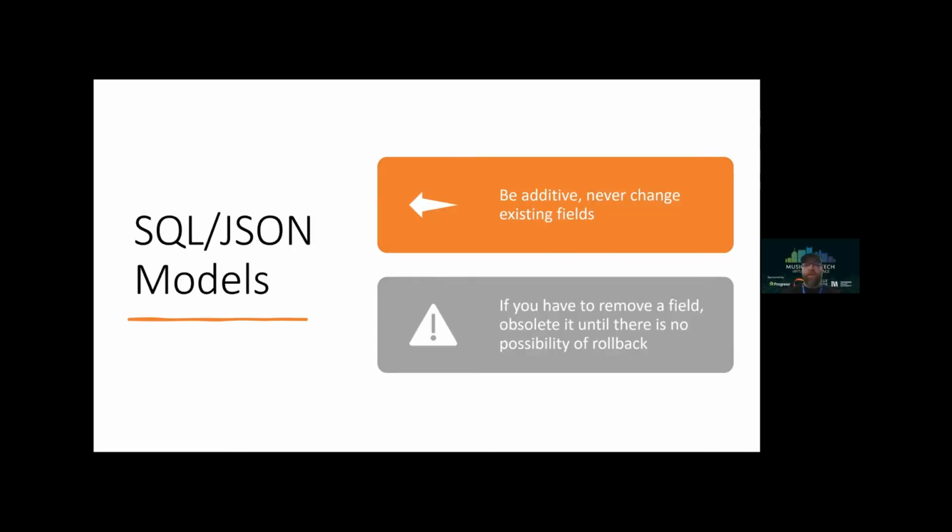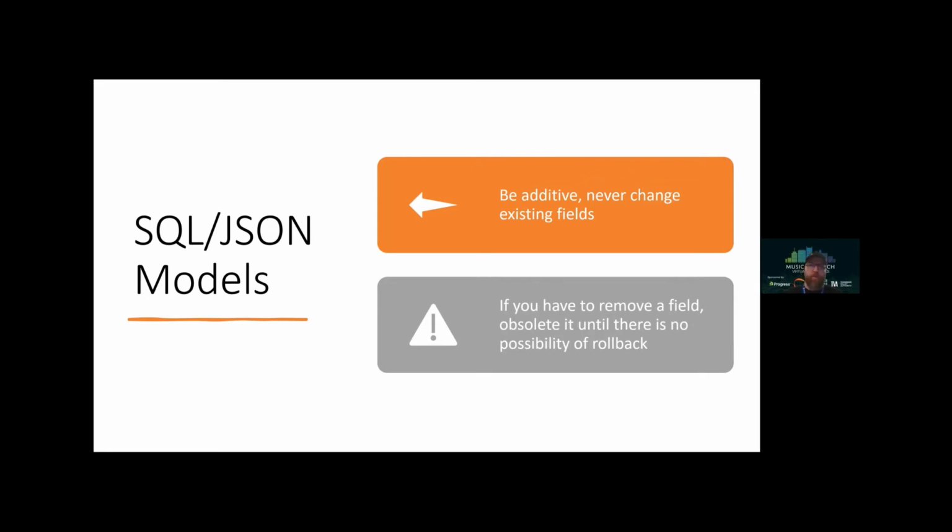Another point that comes up that really needs to be addressed is models, be it in a database, a schema, or a JSON file. As we start changing functionality, a lot of times we need more data, new fields, new views, some sort of parameters. Always be additive.